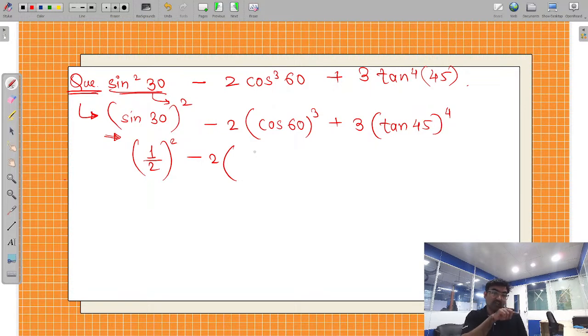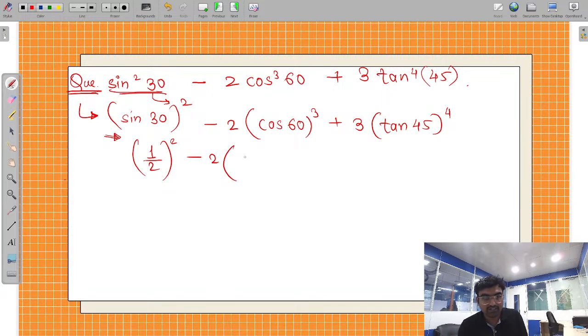Now sine 30, if you remember the table, just close your eyes and think about it: 0, 30, 45, 60 and 90. Now sine 30 is going to be cos 60, correct? Because we started it from the end. Sine 30 is the second row, and from the last, for cos it will be the second last row.